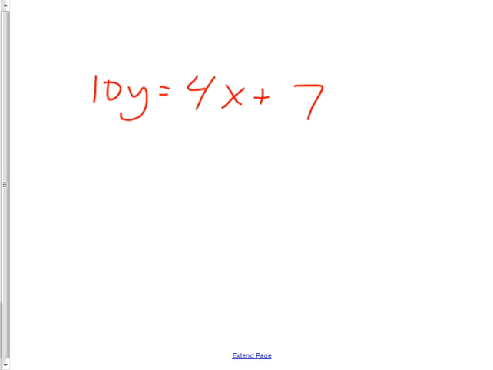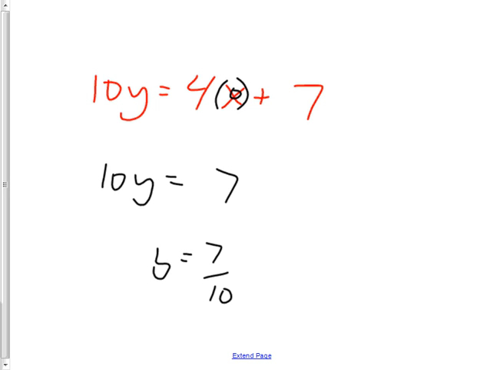Where x is 0. Put in the 0 here. And then what do I do? I solve it. 10y equals, and 4 times 0 is 0, plus 7, which is 7. And then y is 7/10. The y-intercept would be 7/10.